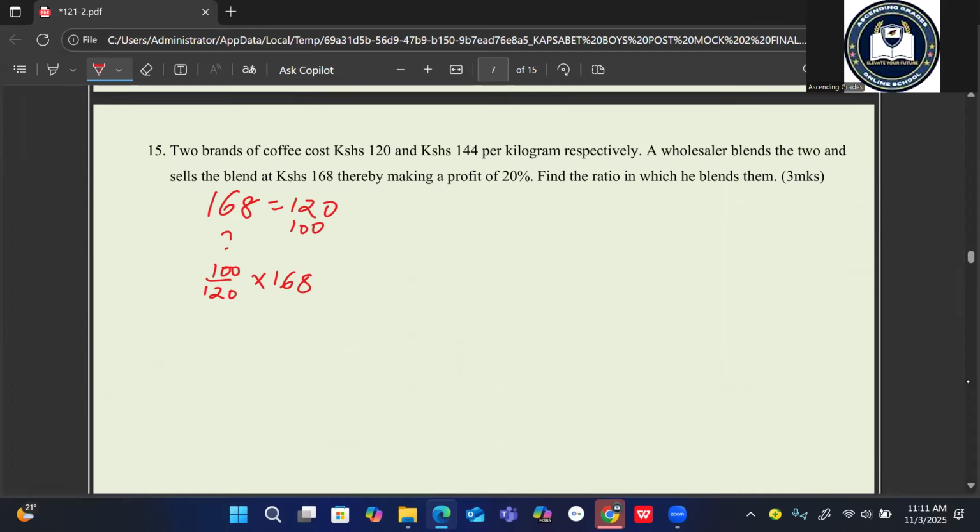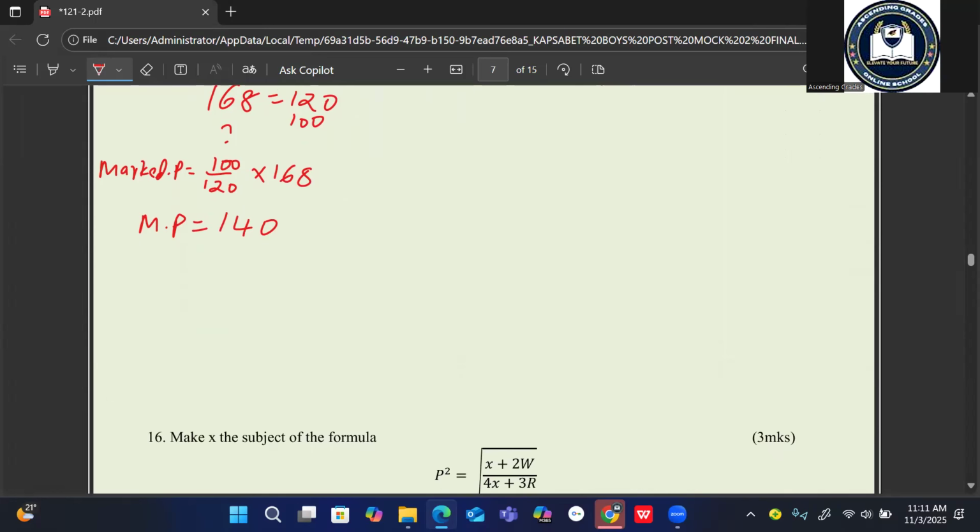So, we are trying to find the market price. So our market price becomes 140. So we can decide to draw a table whereby we have the ratio, we have the costs, and we have the total.